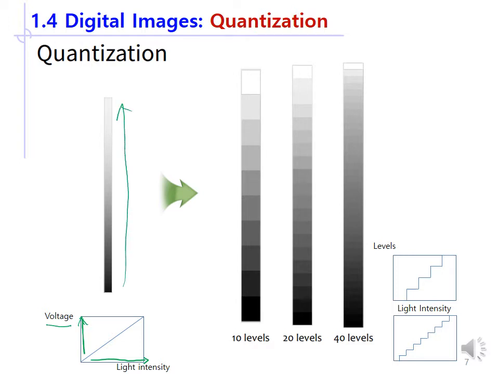You can see the smooth analog signal of the voltage. So you need to quantize this analog signal into some digital quantity.